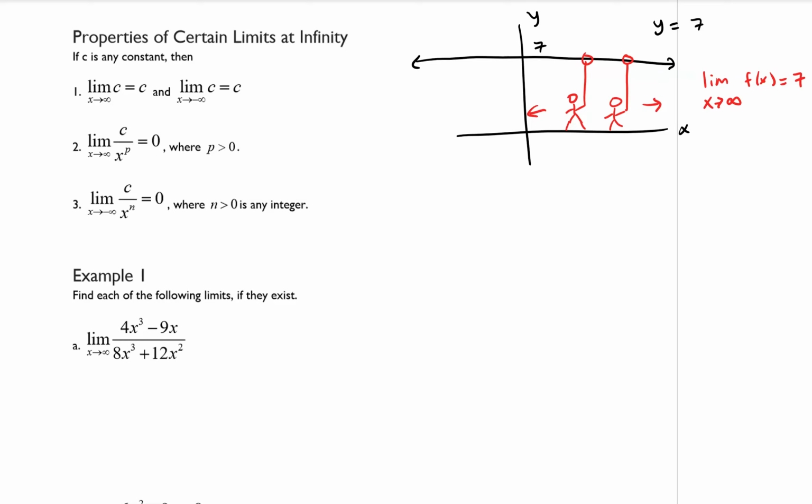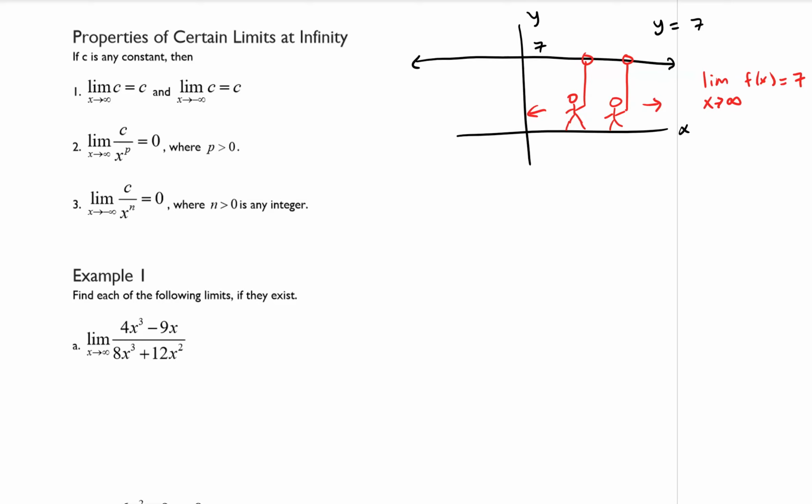So example 1 says find each of the following limits if they exist. Now, a really nice way of going about these types of problems is, if you are calculating the limit as x approaches infinity of some kind of rational function, you want to divide every term in the numerator and the denominator by x to whatever the highest power is.